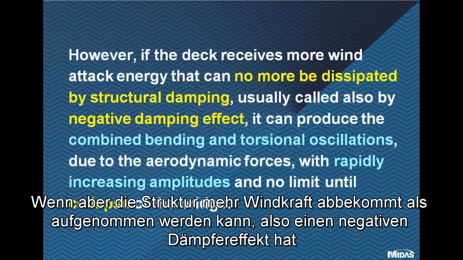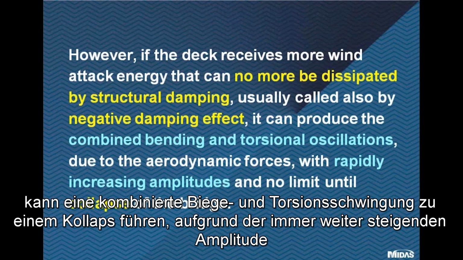However, if the deck receives more wind attack energy that can no more be dissipated by structural damping, usually called also by negative damping effect, it can produce the combined bending and torsional oscillations due to the aerodynamic forces with rapidly increasing amplitudes and no limit until collapse of the bridge.